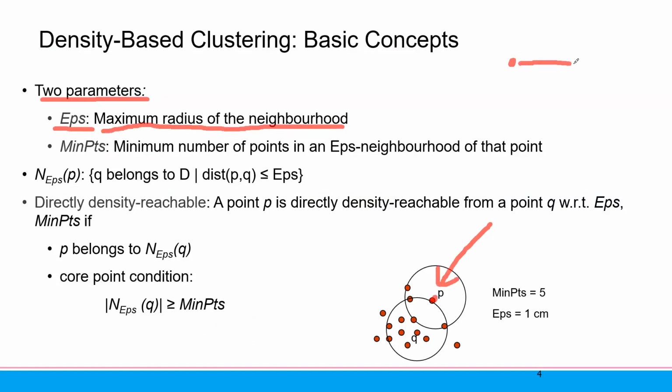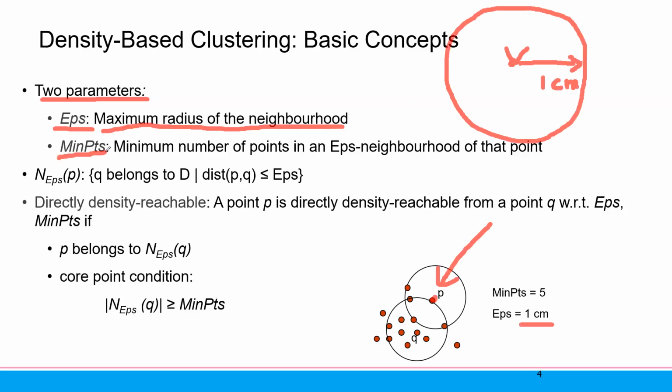If the radius is 1 centimeter, it is 1 centimeter from this data, and then we can make the surrounding area of this particular data. So we determine every data in the radius of 1 centimeter.